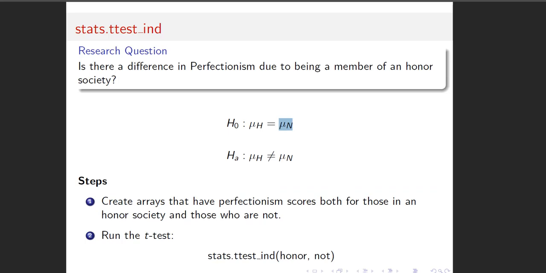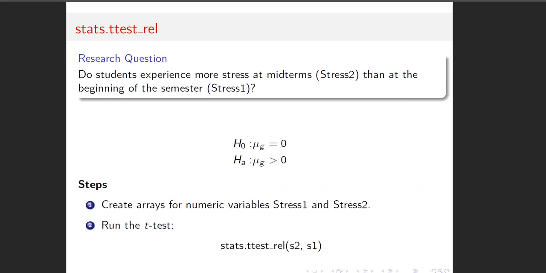The second type of t-test is this ttest_rel, and that's for a matched pairs or dependent samples t-test. So the IND means the samples are independent. REL, that's what I use when the samples are related. And a lot of times they're related like in this example. Why?